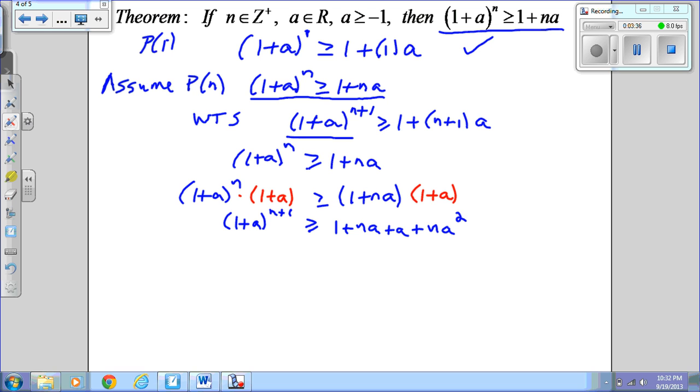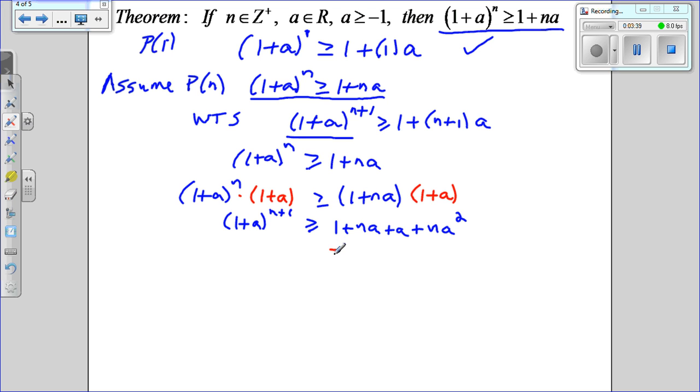Now let me keep working on this right-hand side. If you look at these two middle terms, na plus a, I can factor out a common factor of a from the right. So this becomes 1 plus the quantity n plus 1 times a, plus na squared.